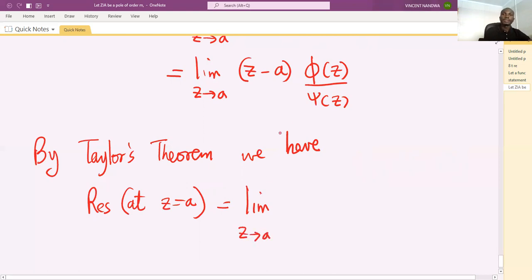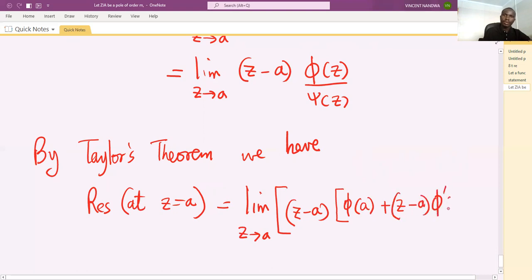Now we write this part as z minus a multiplied by phi at a plus z minus a times phi prime at a, and then plus other terms.